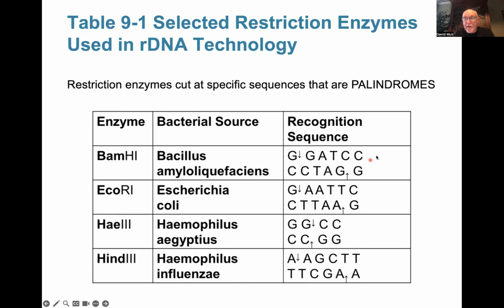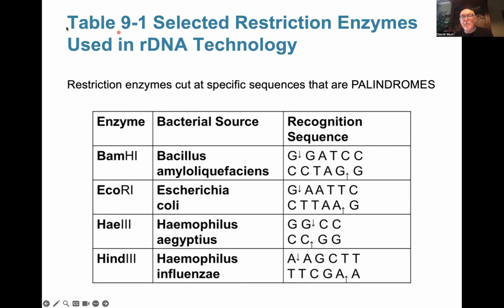It is what they recognize and how they cut it that makes it particularly useful to us, because the restriction enzymes recognize a specific sequence on the genome of the virus or on a piece of DNA. They will recognize the sequence, whether the DNA is extracted from the virus, whether it's extracted from humans, whether it's extracted from plants. It doesn't matter. What they recognize is sequence, is DNA sequence.